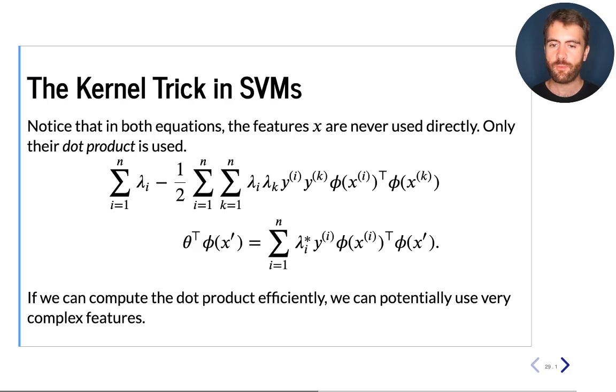And so in the same way that we did with ridge regression, we can also here apply the kernel trick, and if we can compute these dot products efficiently, then we're going to be able to use this dual version of the algorithm very efficiently on large feature dimensions.